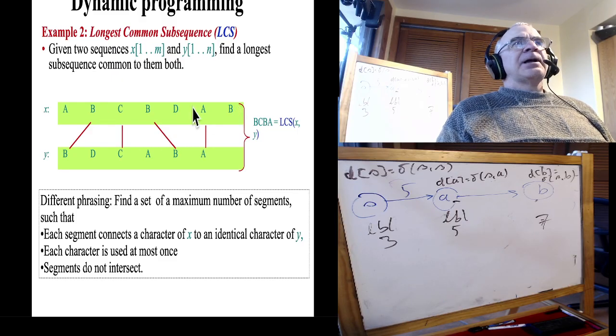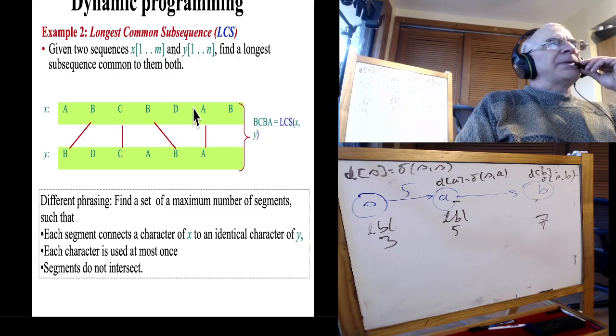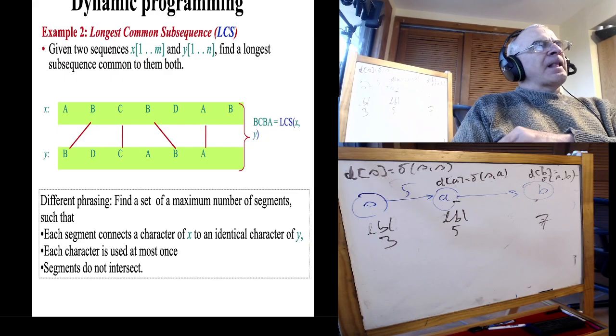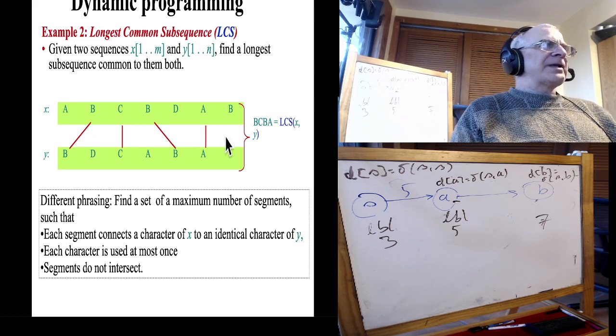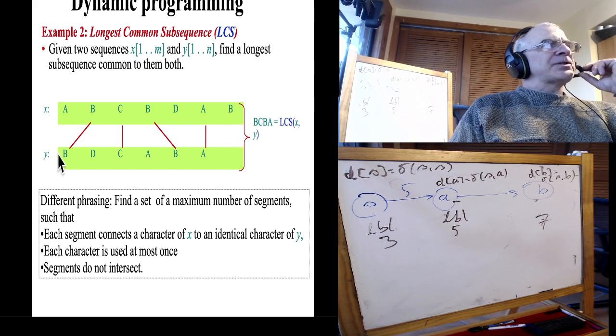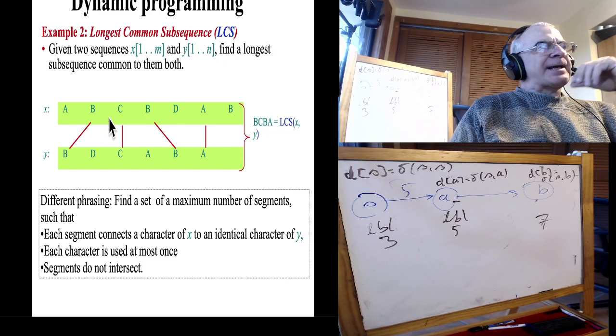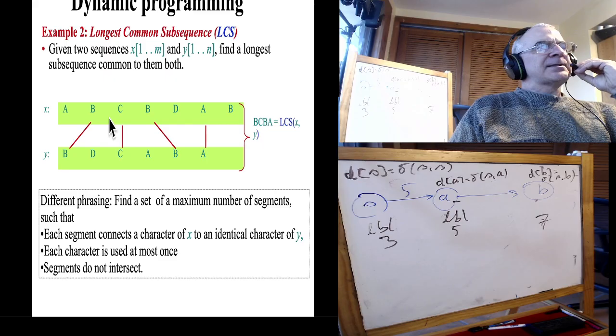And finally, I want to put the maximum number of such segments. The LCS problem is how to find such a set of segments, which in turn corresponds to a subsequence of X and a subsequence of Y. How can I find it quite efficiently?